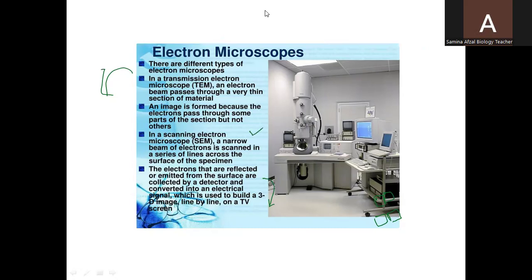It shows the outer three-dimensional image, line by line on a TV screen, so it can only be observed on a TV screen. The transmission microscope produces the internal structure, but the scanning one shows the 3D structure of the surface, only the external part of any specimen. This is the difference between these two types of electron microscopes.